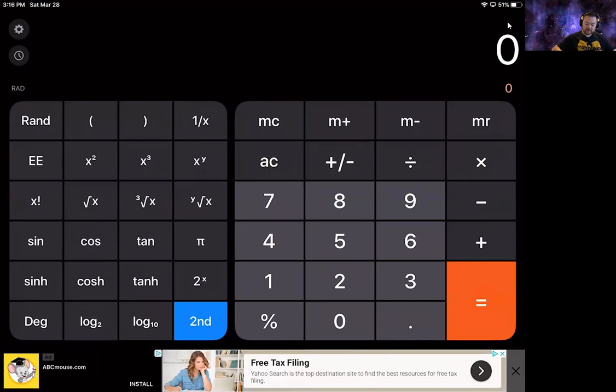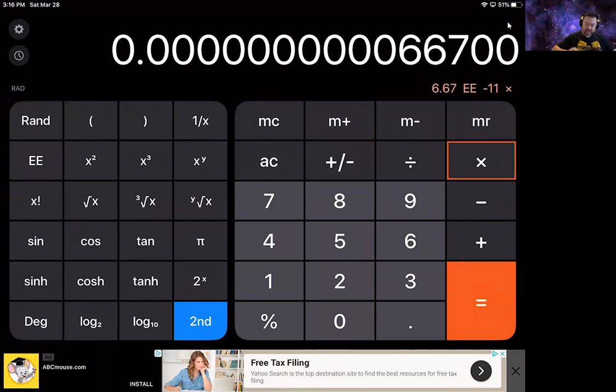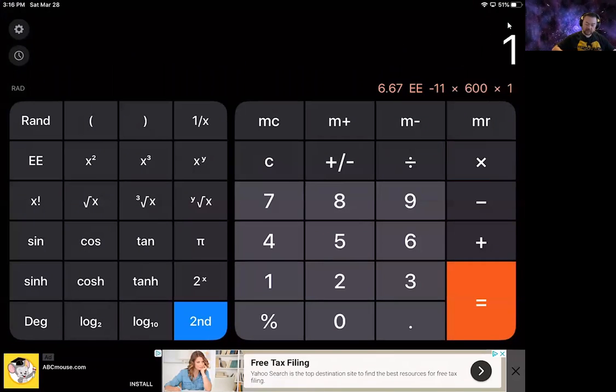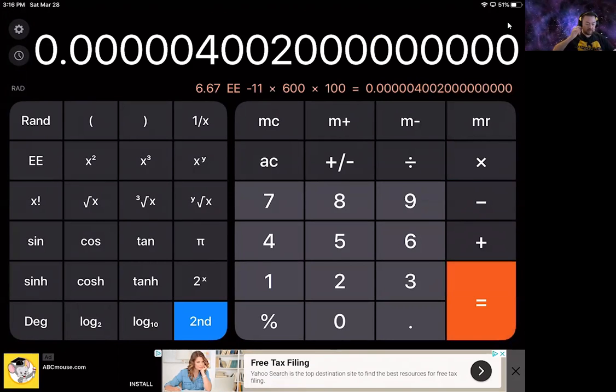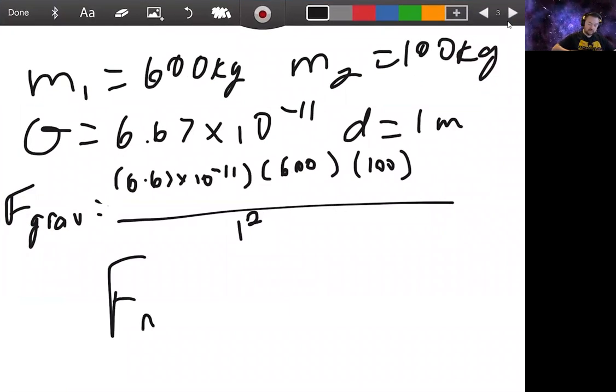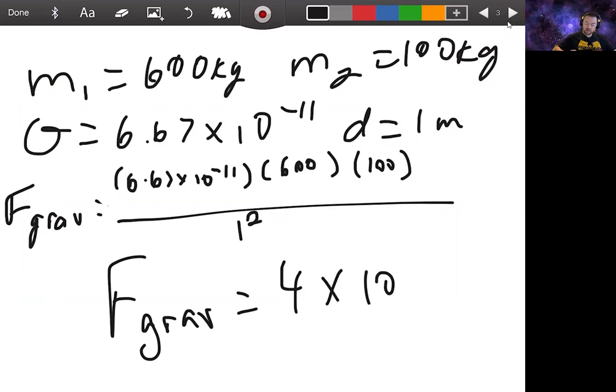I have 6.67 times 10 to the minus 11, multiply that times 600 times 100, and there we go. So our new force of gravity is roughly 4 times 10 to the minus 6 newtons.